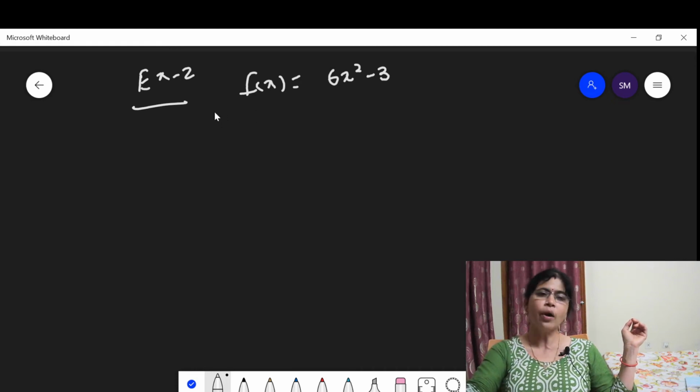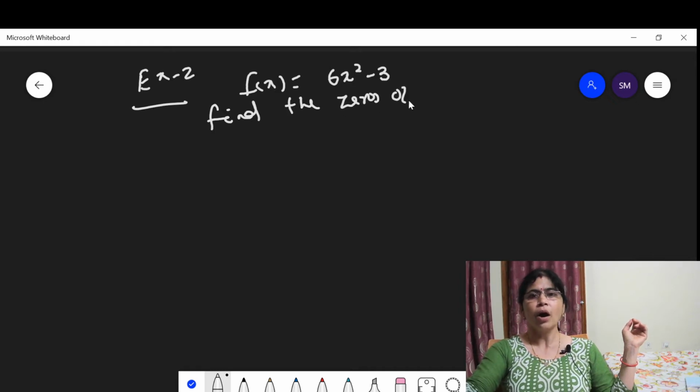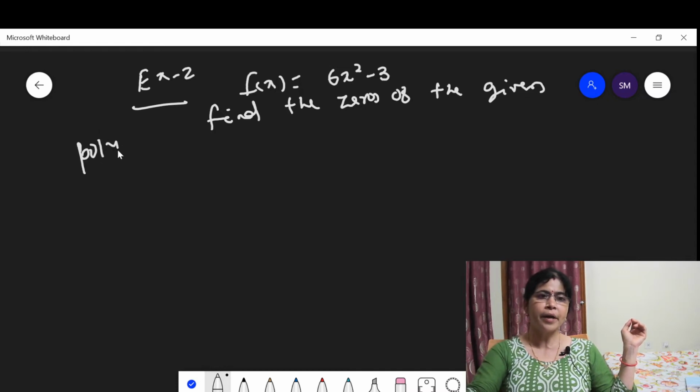Here also find the zeros of the given polynomial and verify the identities.